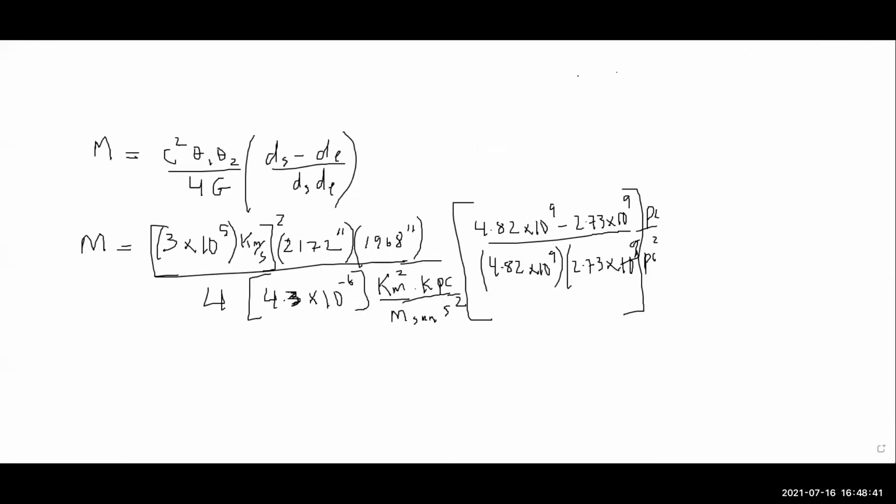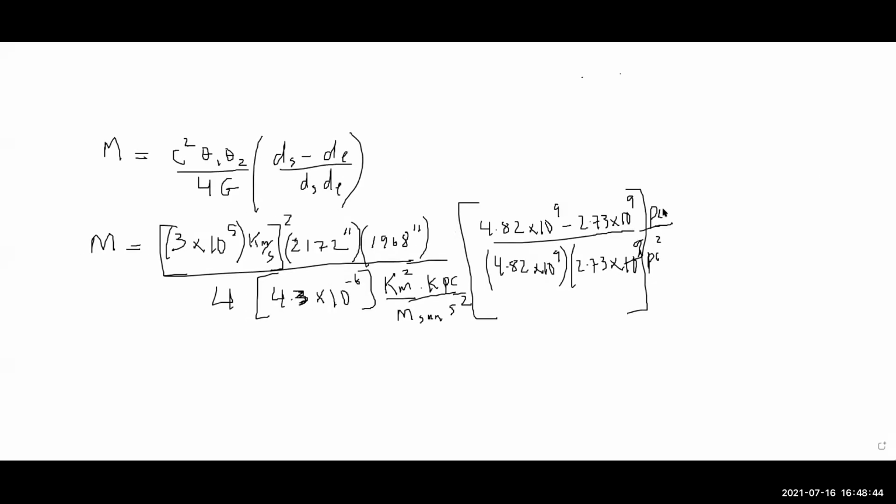Enlarge the whiteboard. So parsec or parsec squared. What can we do here? Let's see. Parsec will cancel the parsec squared. So one of the parsecs is gone.